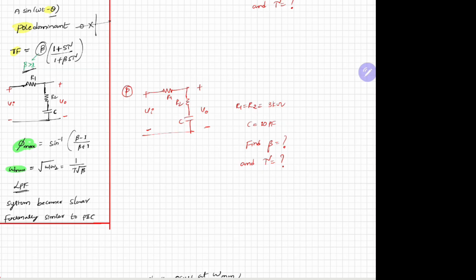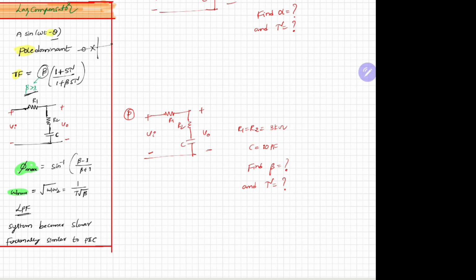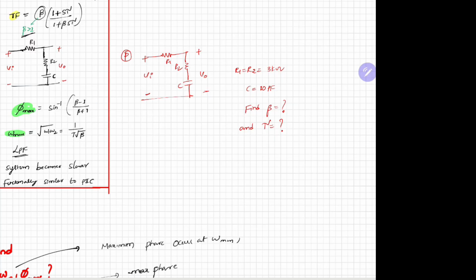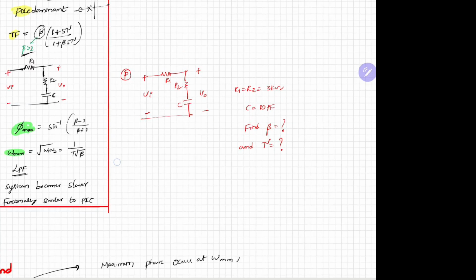Functionally, lead compensator is similar to a PD controller, a proportional derivative controller, which you can study in the controller topic. And lag compensator is similar to a PI controller, proportional integral controller.